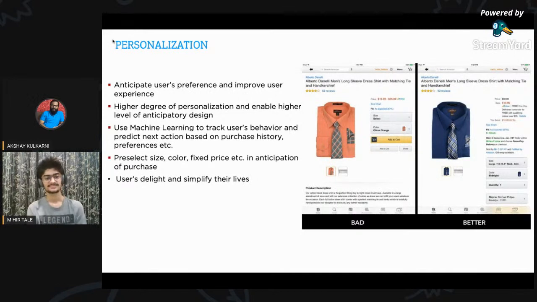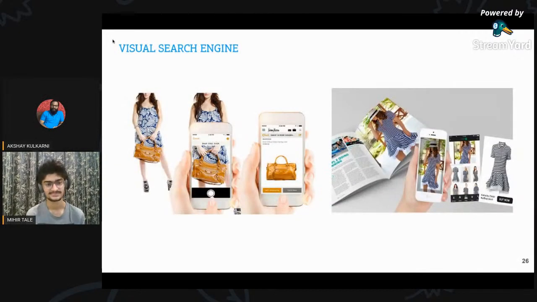Your website should be capable enough to pre-select all the parameters. So this will be targeted ads, yes, this will enhance user experience. They would start liking it. How many of you have encountered this, or feel the need for this?